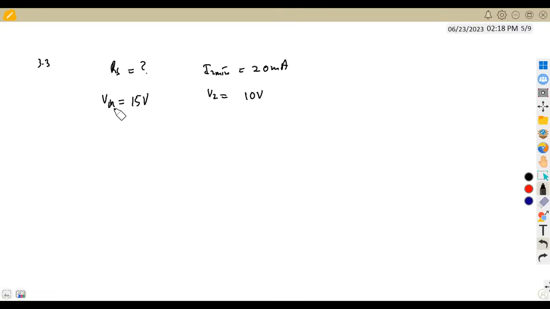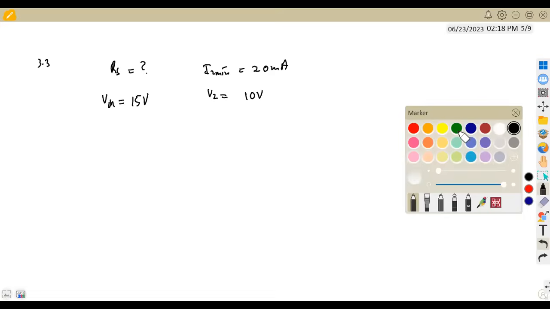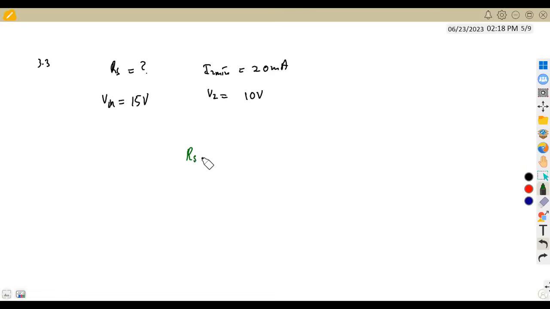To calculate the series resistor that is going to be added in our circuit, we are going to use the formula RS is equal to Vin minus the voltage across the Zener diode, everything over the current across the Zener diode minus the current across the load.